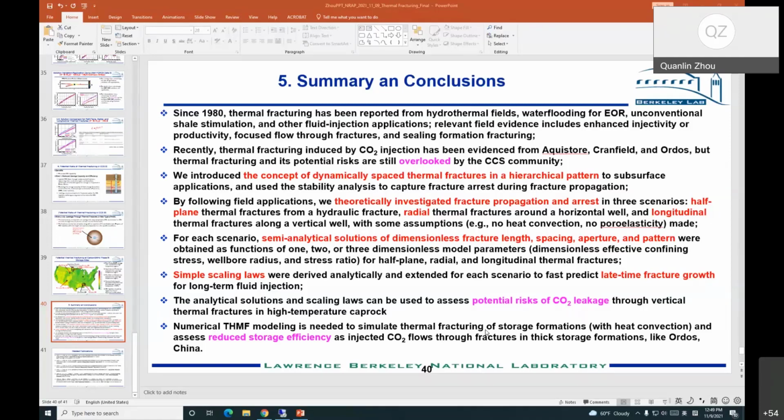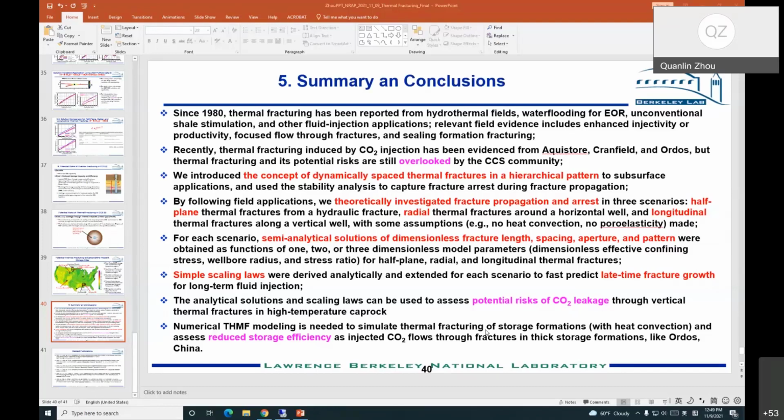But of course, I think I should mention this again: the number 4 scenario is more complicated. In a reservoir with higher permeability, you have heat convection, heat transport with the flowing fluid.